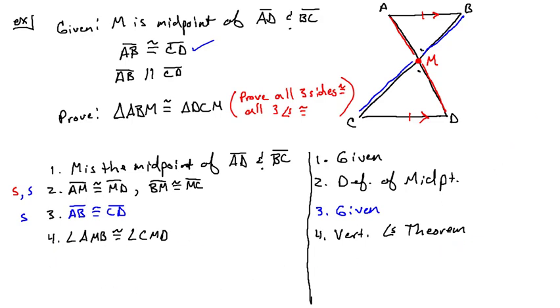Now, the next one is a little bit tricky. So we want to somehow say that this angle A is congruent to this angle D. And how do I know that it's A and D and not A and C? Well, I look over at what I'm supposed to prove, and it says A and D go together. So I want to say that they're congruent, but I'm not quite sure how.